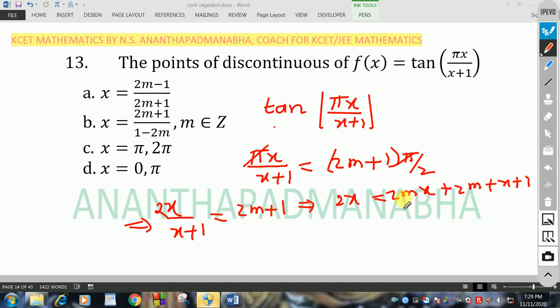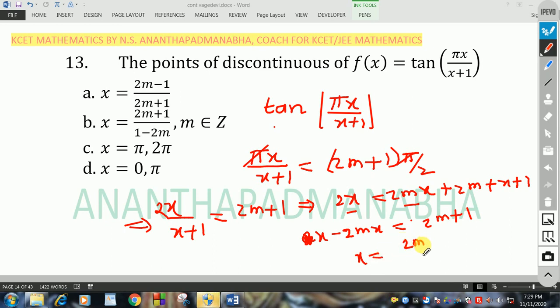And I will bring all the terms with x to one side. 2x minus 2mx is equal to, see, I have 2x minus x is x, and I have minus 2mx. x minus 2mx is equal to 2m plus 1, or if you take x common, you will get 1 minus 2m.